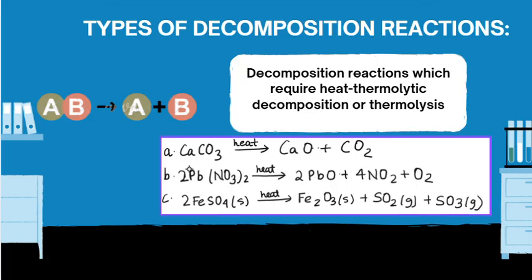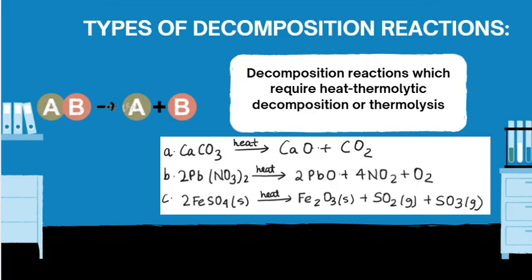Let us look at the first example, that is CaCO3, when supplied with heat, will decompose and give us products such as CaO plus carbon dioxide, CO2. The next example is 2Pb(NO3)2, under the decomposition of heat, will give us 2PbO plus 4NO2 plus O2.